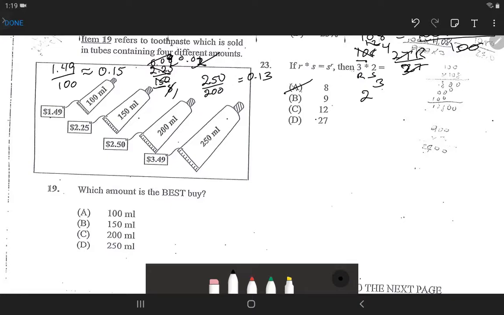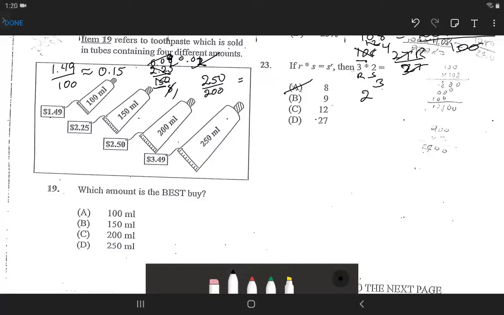All right, this one here, you divide by 100, so you have 0.025, so that's about 0.03.